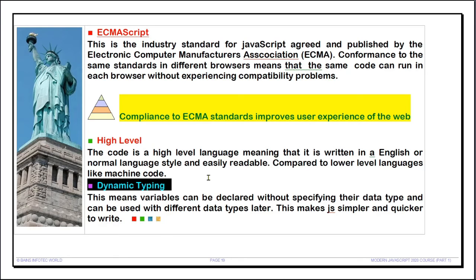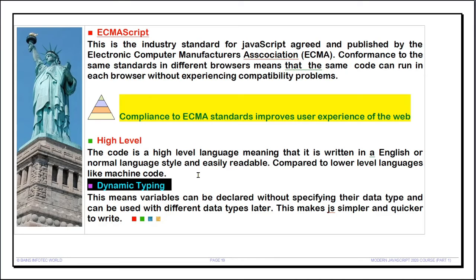And dynamic typing means that in JavaScript you don't have to declare, you don't have to say which data type your variable is going to be using. What you do is you just say y equals, quotation marks, string, quotation marks, semicolon, and that variable y will be assigned the value of the string.